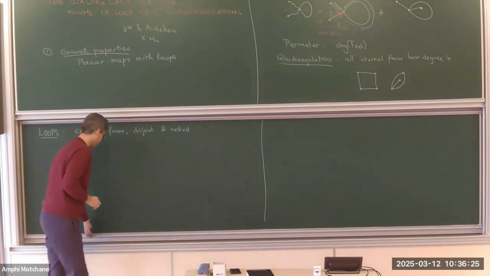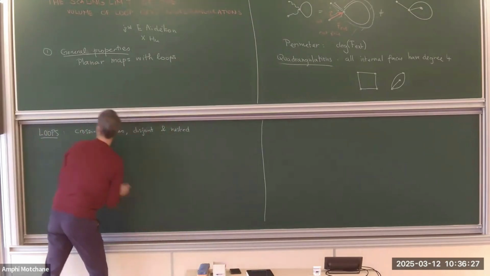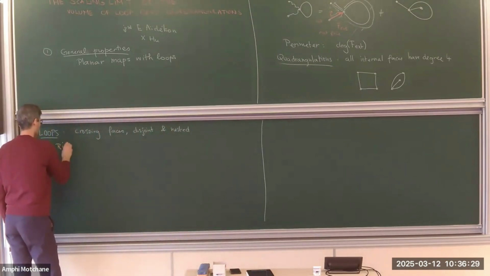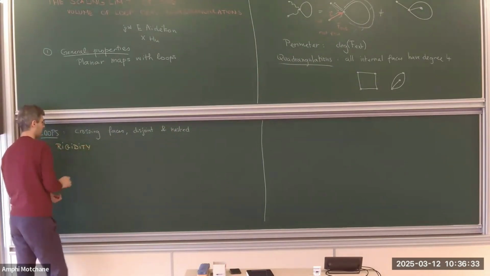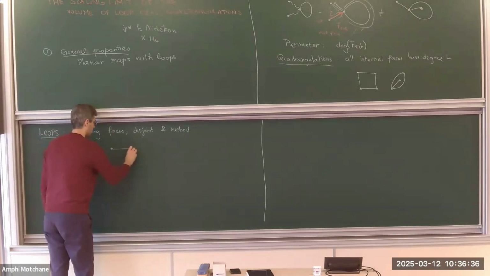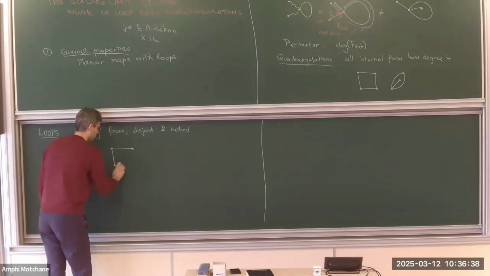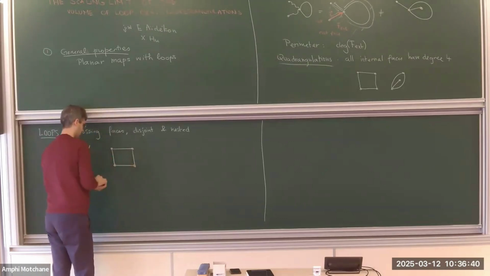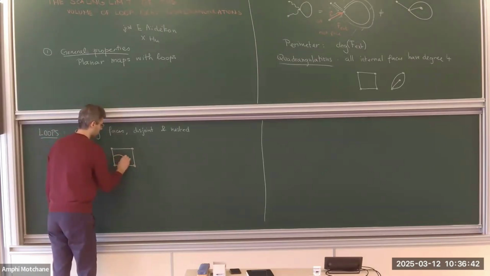And they have an important restriction, called the rigidity condition, which is that I'm forcing loops to cross squares through opposite edges.